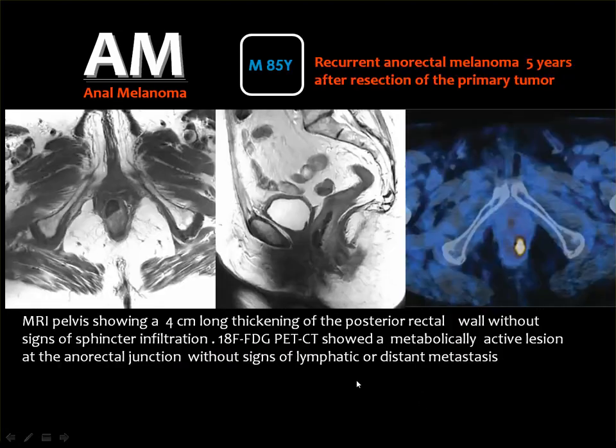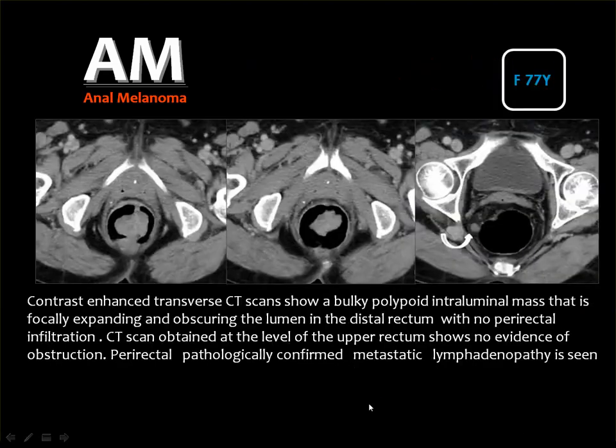Of course, anal melanoma will be diagnosed by biopsy, but this patient had a recurrent anorectal melanoma 5 years after resection of the primary tumor, and you got a posterior wall mass with some high signal intensity in the T1, and this is the T2 weighted image in the sagittal view, and this is the PET-CT showing high metabolic activity.